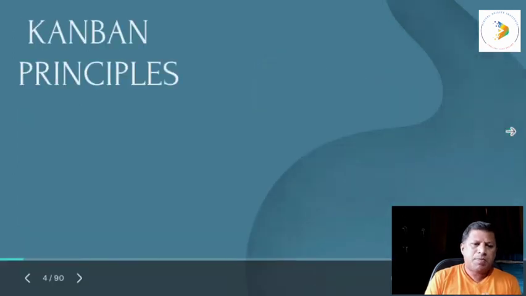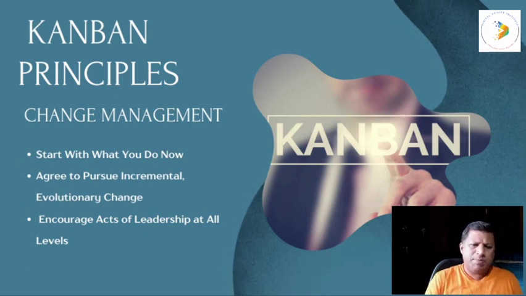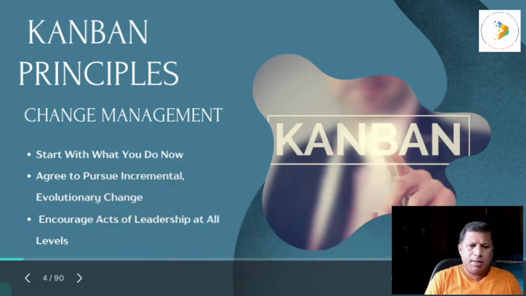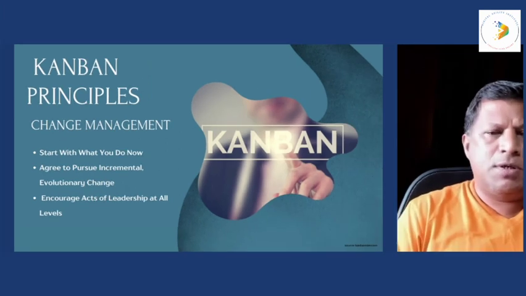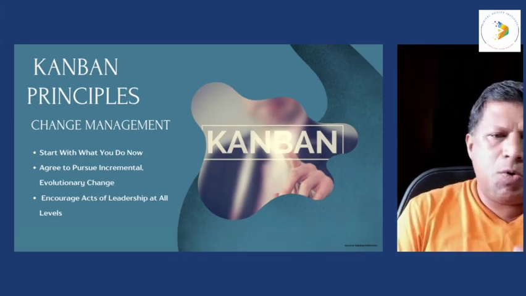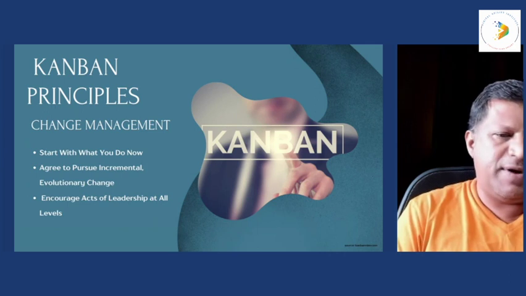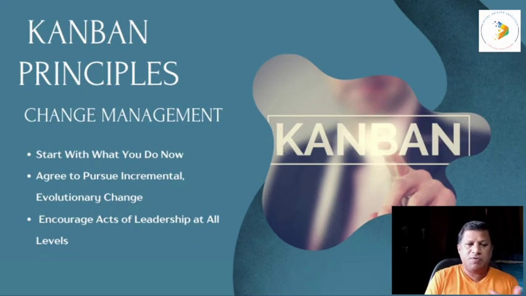Now, the next point we want to talk about is, what are the Kanban principles? On what principles does Kanban work? One, start with what you know. Means you don't need to reinvent or start something entirely different, right? It says start with what you are doing today, right?